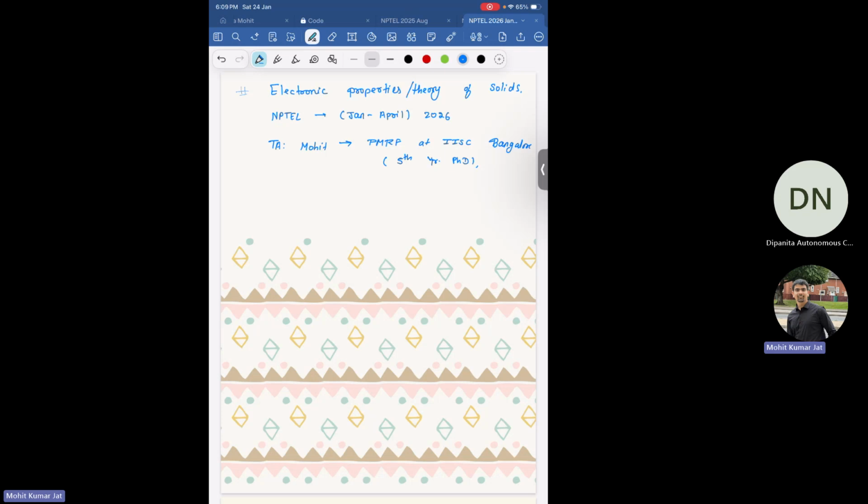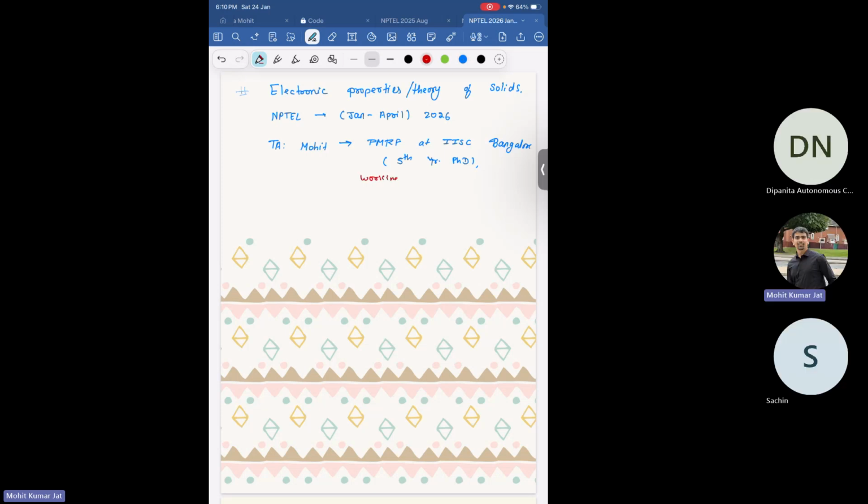I primarily work on electronic properties of graphene, exploring them along with artificial superlattices. I'm currently working in graphene-based systems, graphene hBN superlattice-based systems.